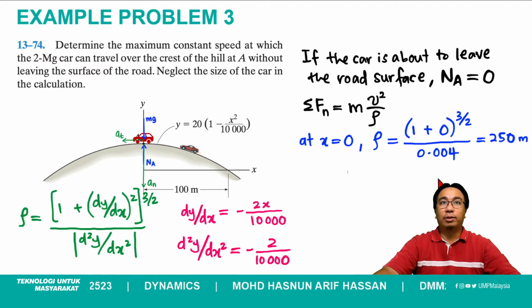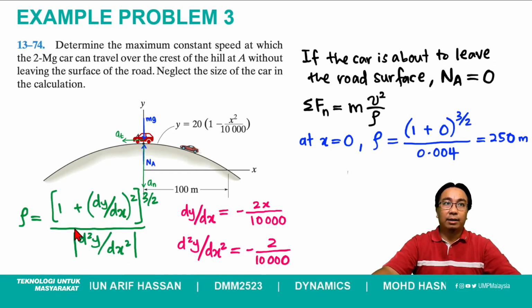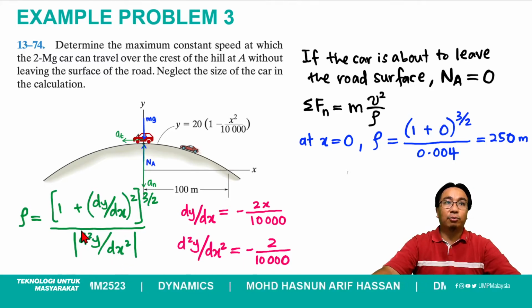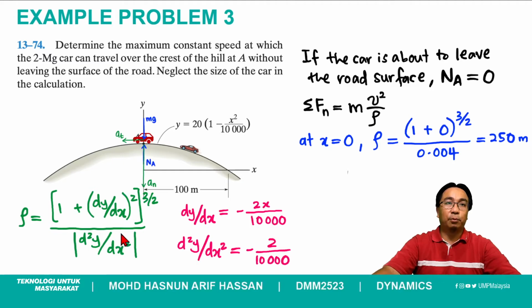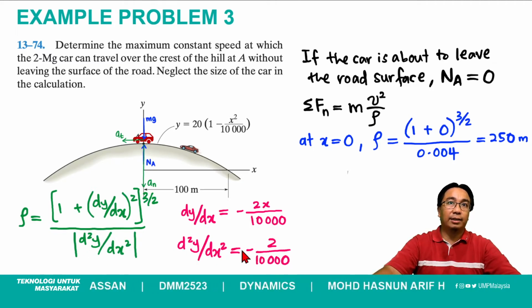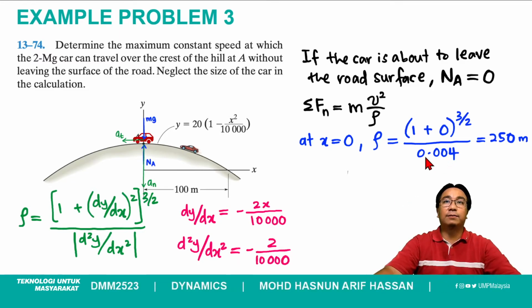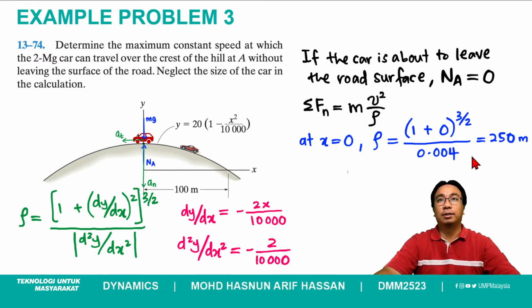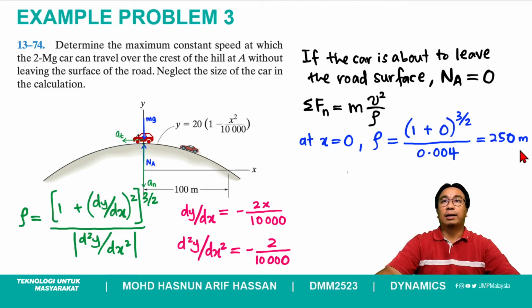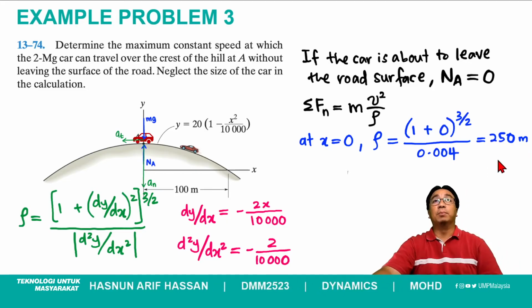And then down here, it should be 40 minus 40 over 10,000. And remember this, the expression down here is in the modulus form, or absolute form. It means you can ignore the negative sign down here. When you ignore the negative sign, it becomes 0.004. So rho will be 250 meter.